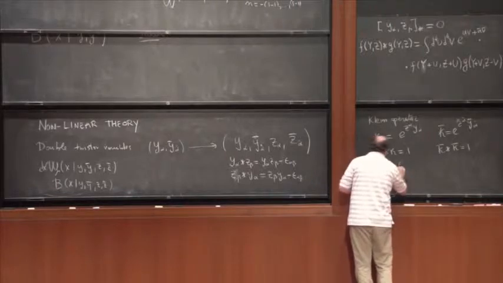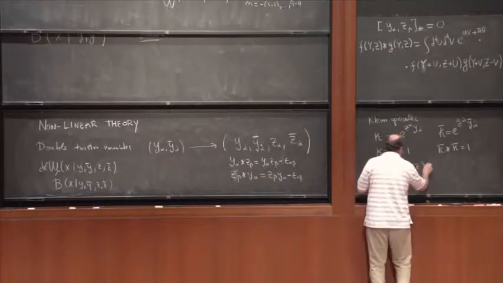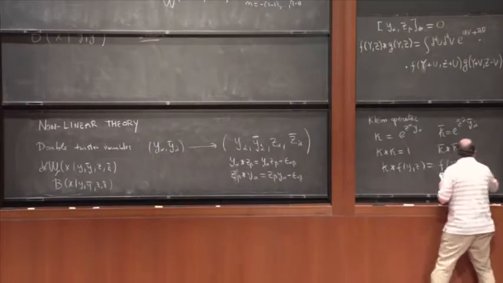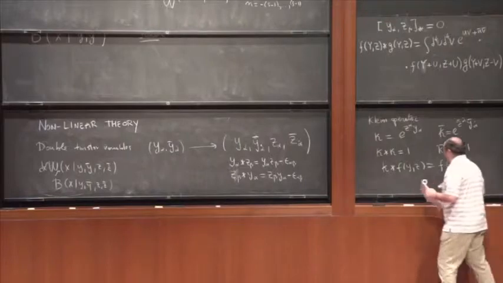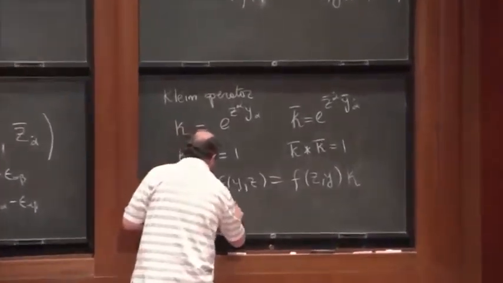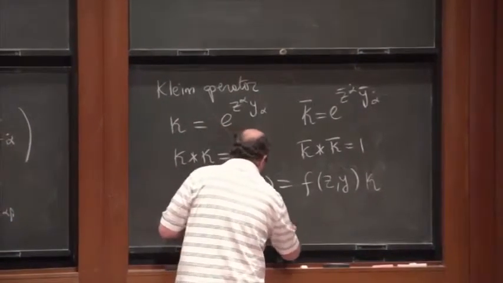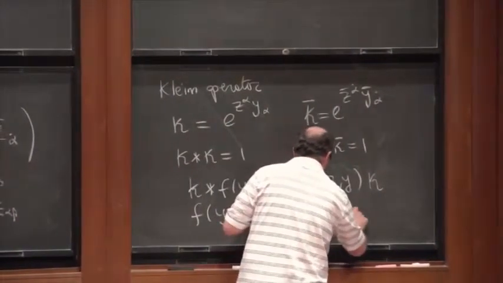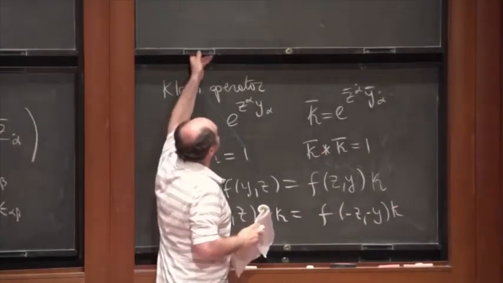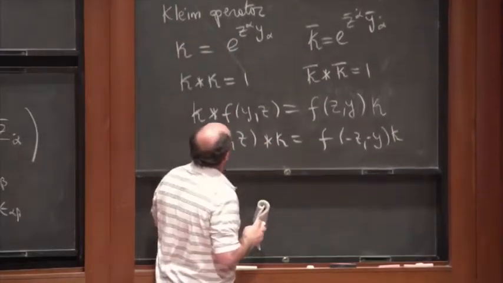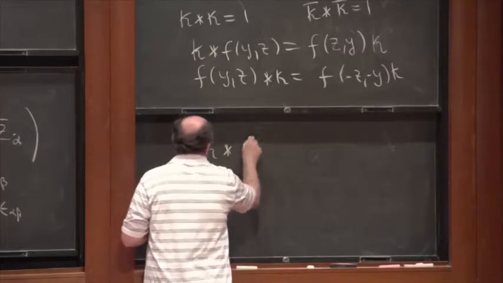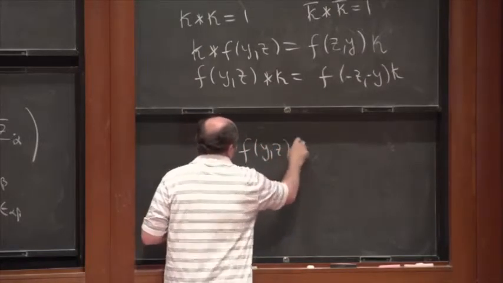On functions of y and z, it acts by switching the dependence on y and z. And one last property which will become useful later is this one.